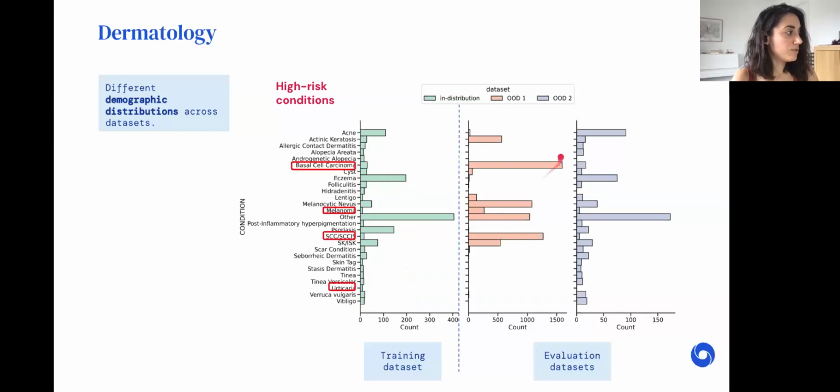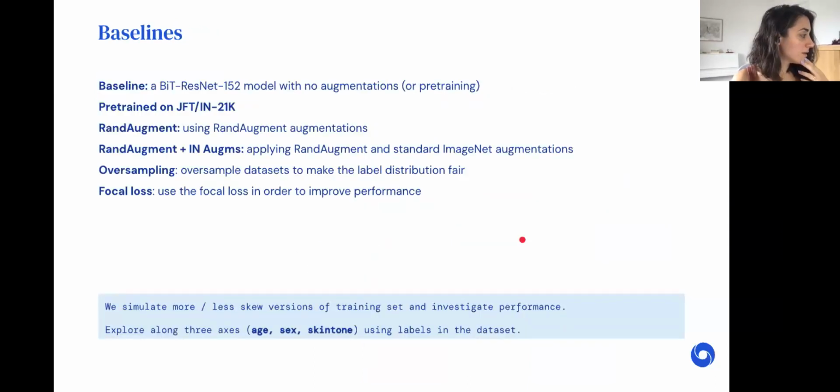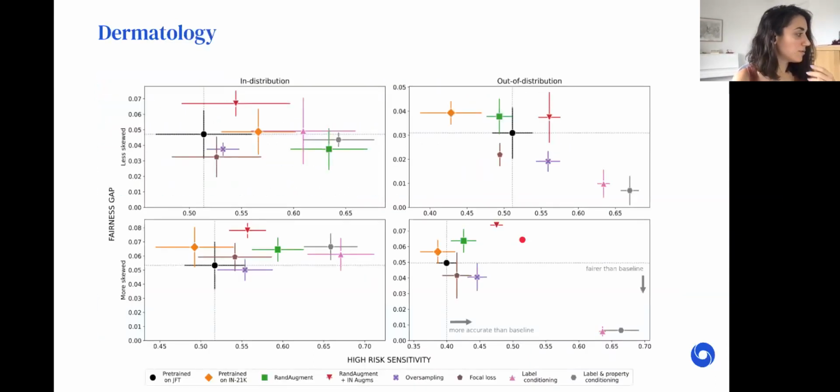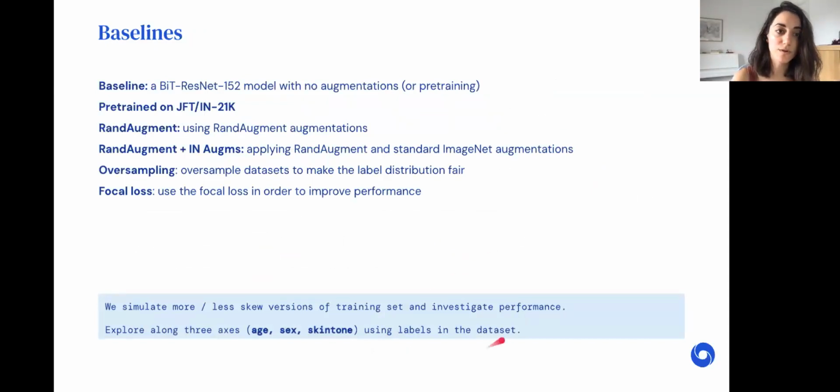But for the two out-of-distribution evaluation data sets, they're actually much more prevalent, as you can see with these histograms. So we explore different versions and levels of skewness across demographic axes, including age, sex, and skin tone, using the labels in the dataset.